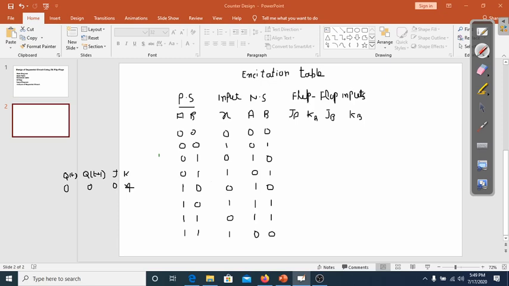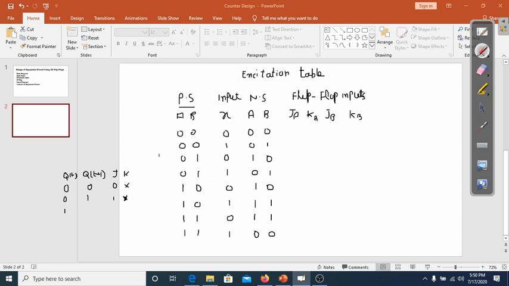I am not going to explain this excitation table again, as I have already explained it many times. When the present state is 0, next state is 1, in this case J must be 1 and K could be 0 or 1. When both J and K are 1, it toggles. If present state is 0, next state would be 1. If present state is 1, next state would be 0.